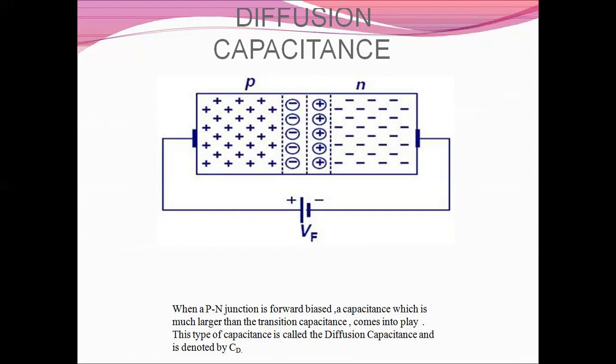When your PN junction diode is forward biased, a capacitance much larger than the transition capacitance comes into play. This type of capacitance is called diffusion capacitance, which is denoted by C suffix D.